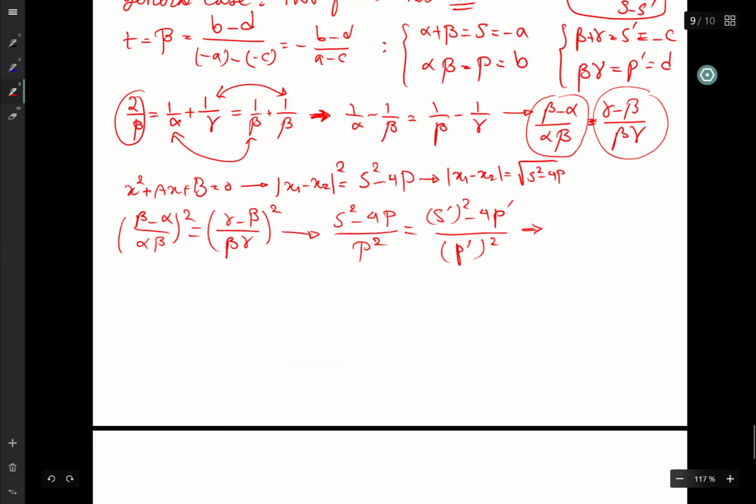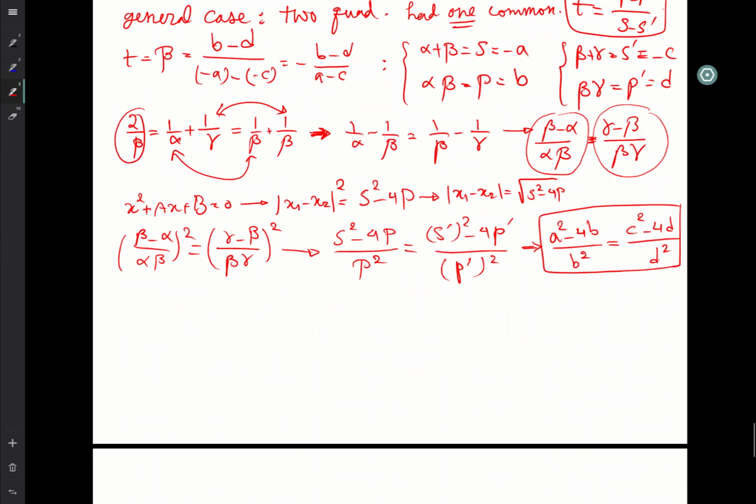All right, let's see what happens here. S, what is s? It is minus a, so a squared. What is p? It is b. Minus 4b divided by b squared should be equal to c squared minus 4d divided by p prime, d squared. So this is our relation.